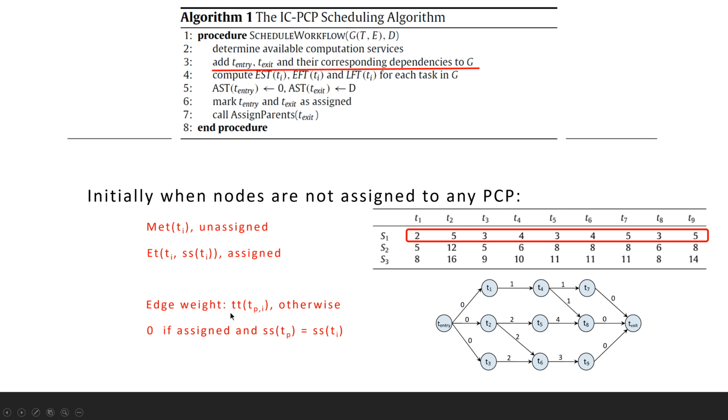And for the edge weight, we will assign the transfer time between the node and its parents, and after we assign the PCP to a certain type of virtual machine we can adjust it to 0 if the task of the parent and the task of the child are assigned to the same virtual machine.